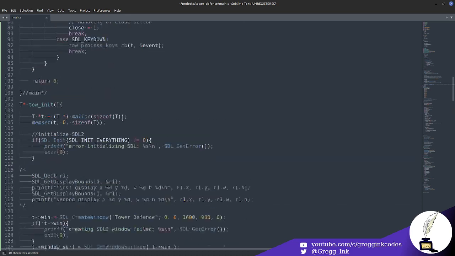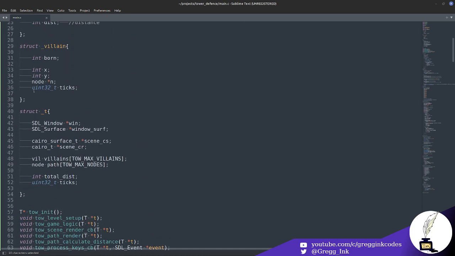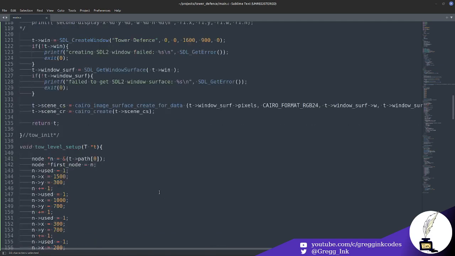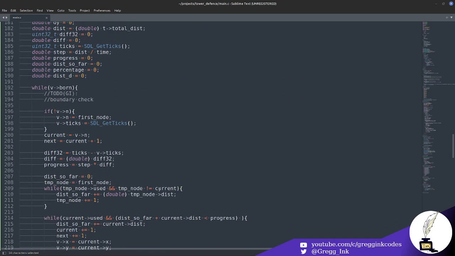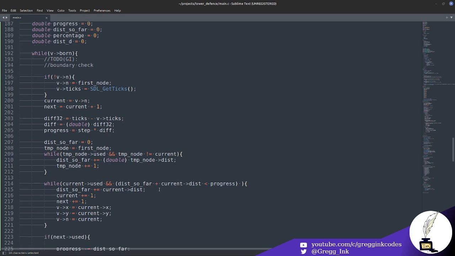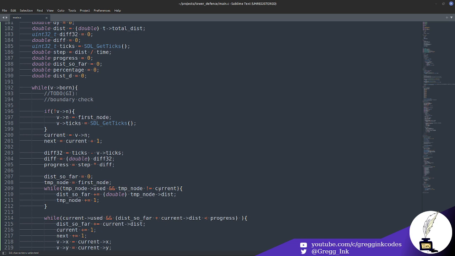VTX. Hold on. Yeah, that's a uint32 as well. Oh, but of course, yeah. I'm running it in a debugger, so obviously those timings are not going to be right.